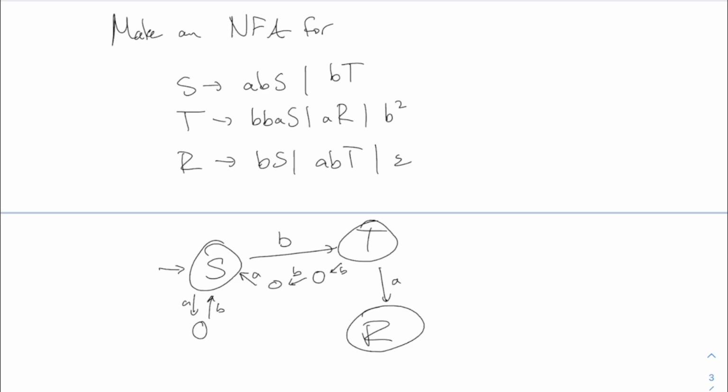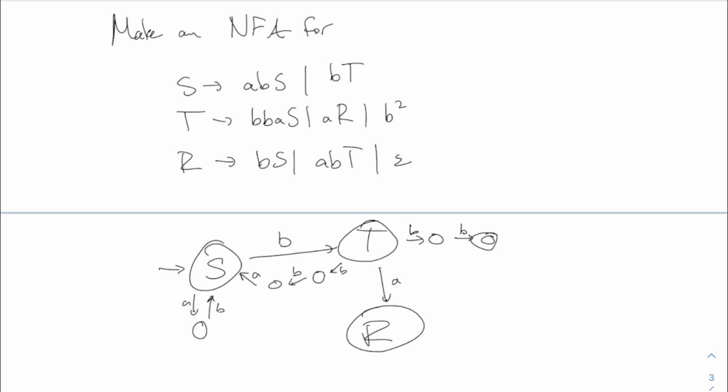This is indicating an accepting state from T. It can be accepted after you do B squared. So you make a new state like this. So from T, it can be accepted after doing B squared. Yeah.